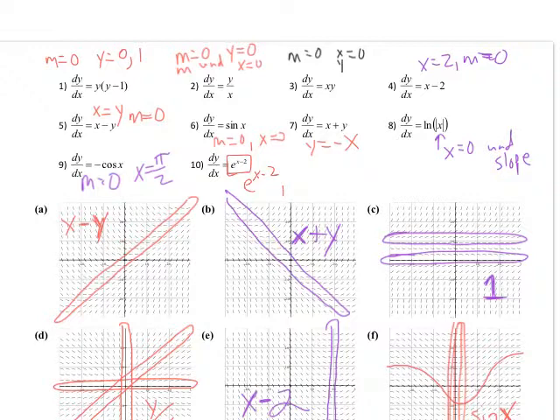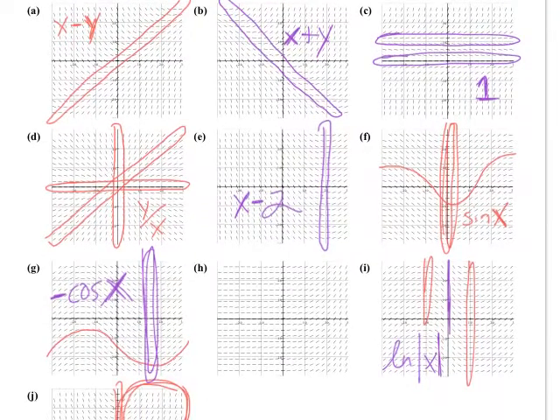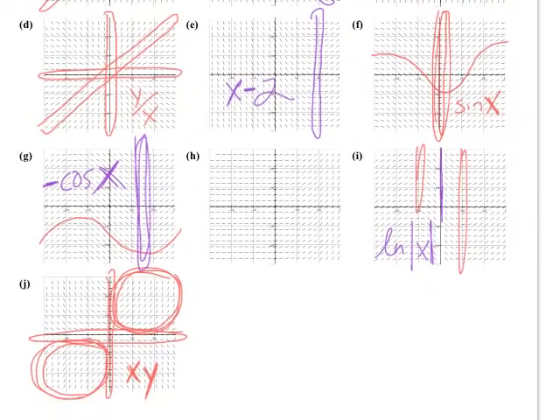But when x is 2, the slope is going to be equal to 1, because e to the 0th is 1. So we should have a slope of 1 when x is 2. And if we look at graph H, when x is 2, we do in fact have that slope of 1. So there we have it. H matches with e to the x minus 2.